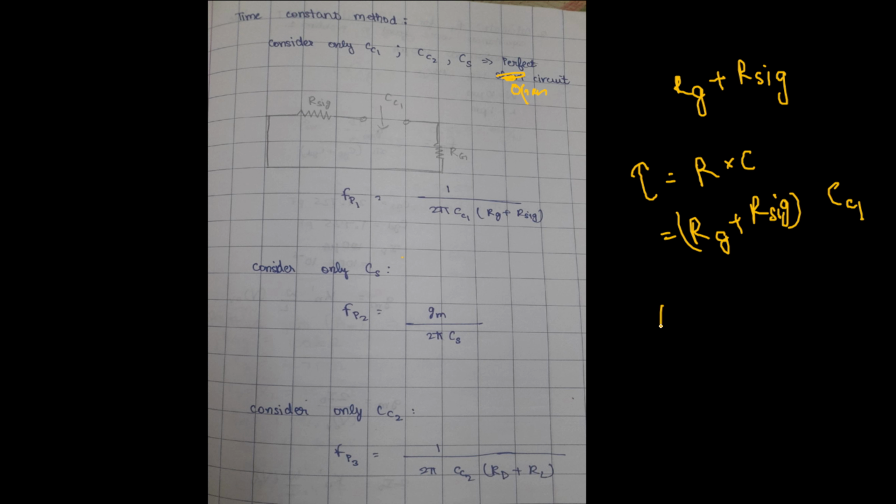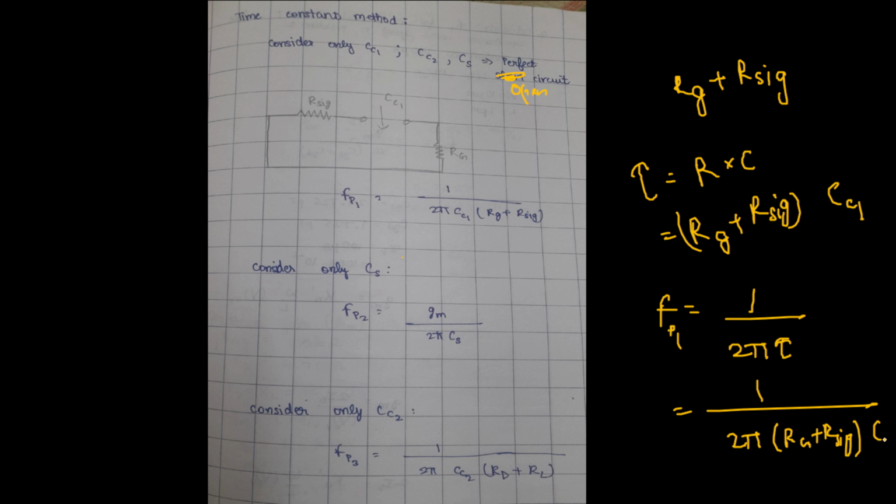So like I mentioned, we know F is given as 1 divided by 2 pi into tau. So here we have FP1 as 1 divided by 2 pi into Rg plus R signal into Cc1.